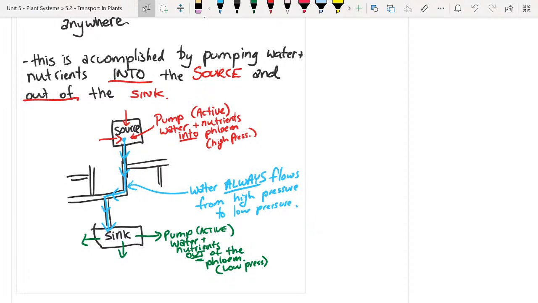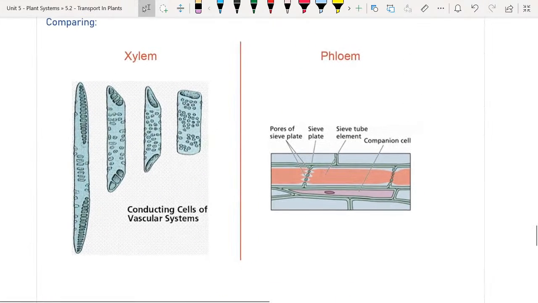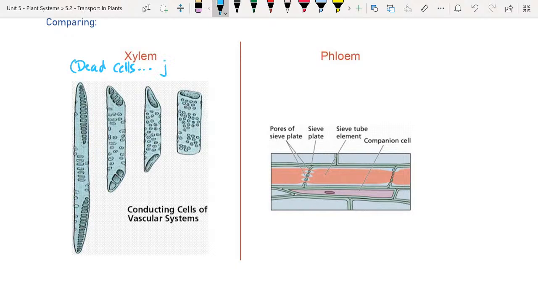And just really quickly, and then I promise I'll give you a 15 minute break. If we look at the difference, these are dead cells. They're just tubes, all right? Xylem just grows into the right shape and then dies, because it just needs to be a tube.